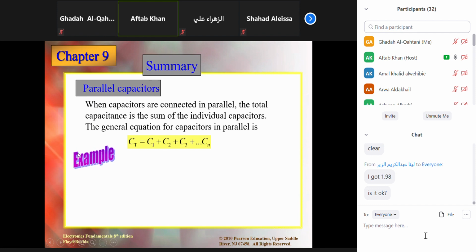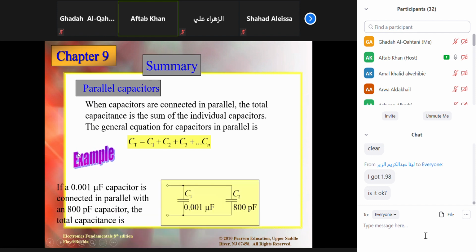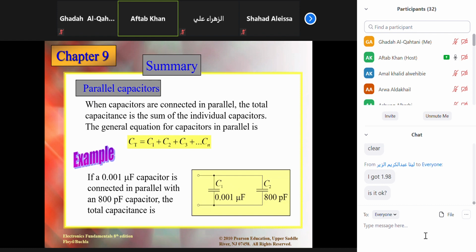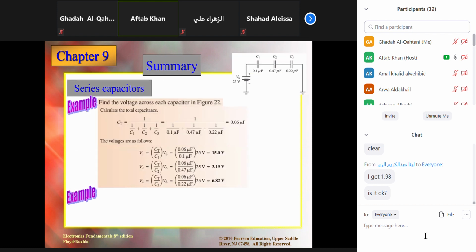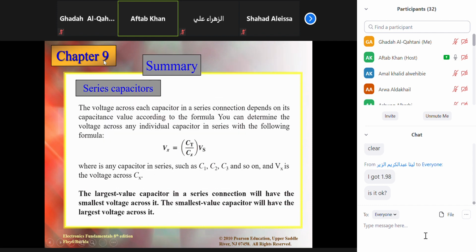This is the formula. And by the way, do you remember the voltage divider and current divider formula for resistance? Ix equals Rx over R total.